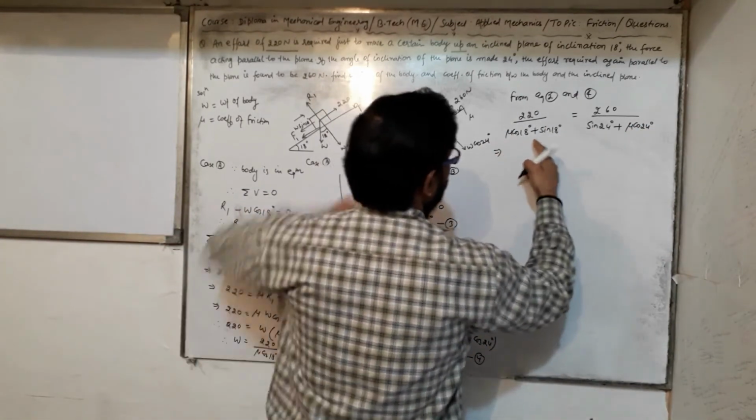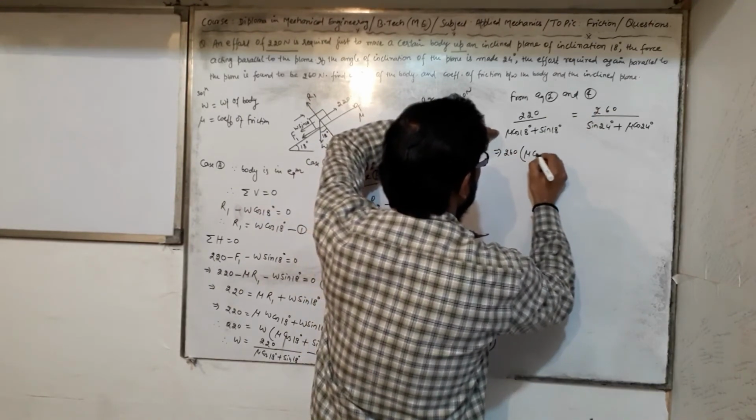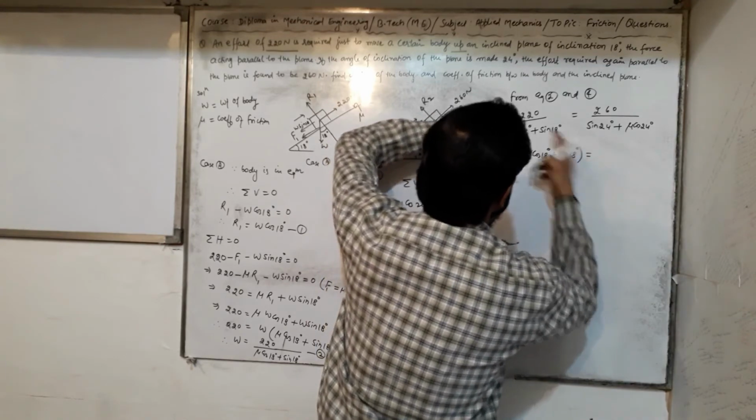Cross multiplication: 260 times mu cos 18 degree plus sin 18 degree equals 220 times sin 24 degree plus mu cos 24 degree.